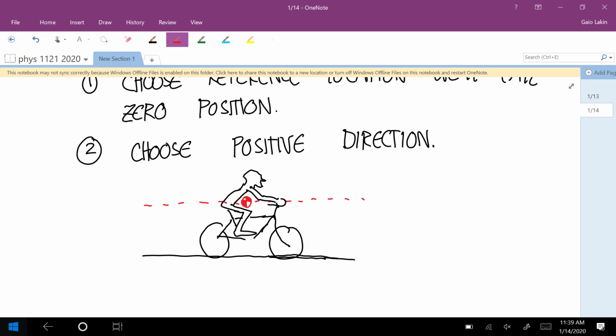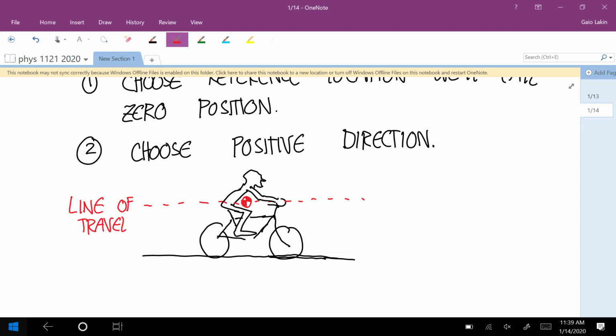Okay, so what's the location of this? This is the line of travel. So we can see physically the location of this bike rider, but what's it going to take for us to put a number on that?